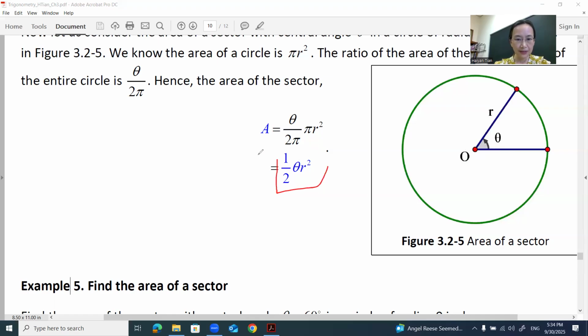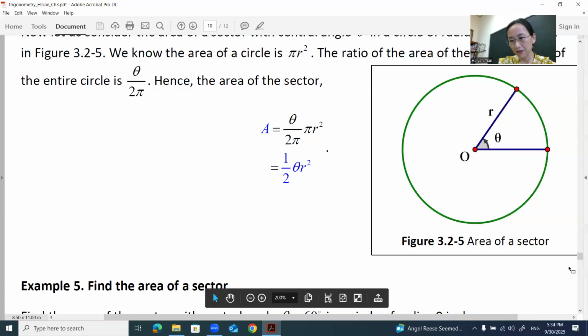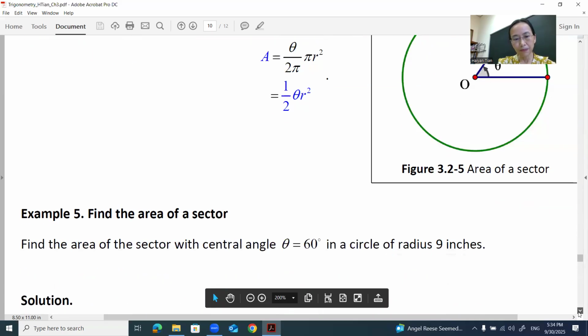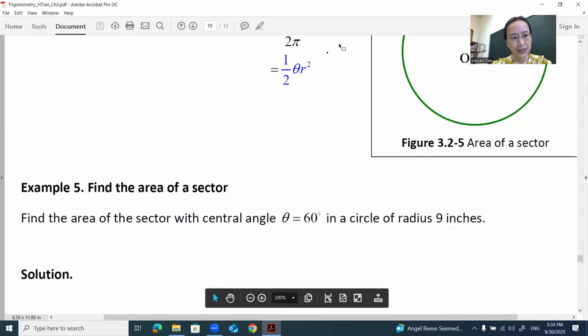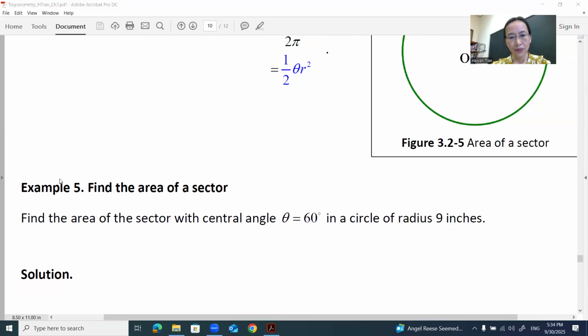Okay, so now let's use this formula. If you know all this information, you can find the area of a sector, such as a circle with radius 9 inches and the central angle measuring 60 degrees. We use the area formula for the sector.